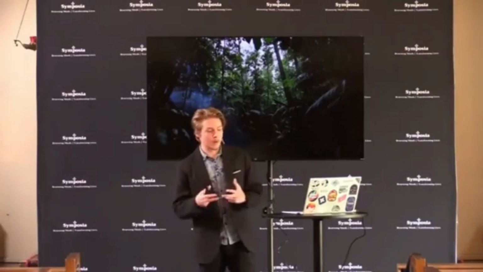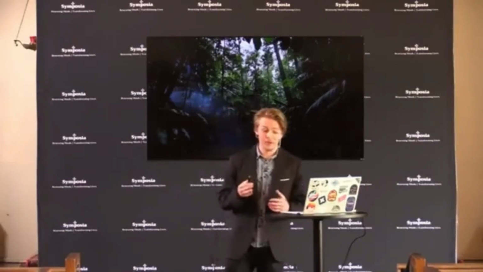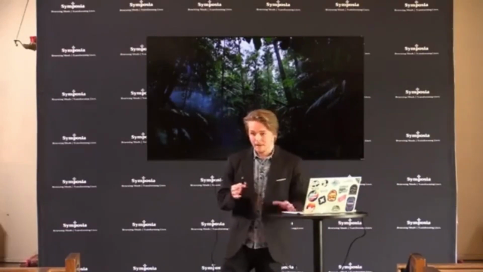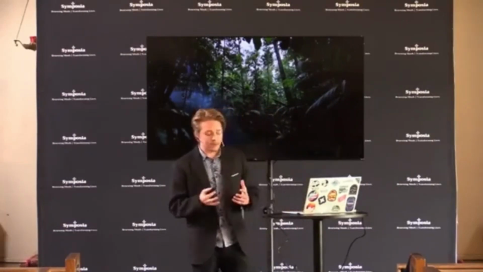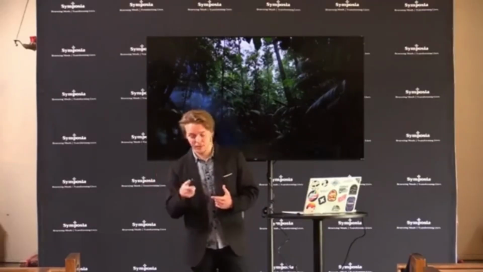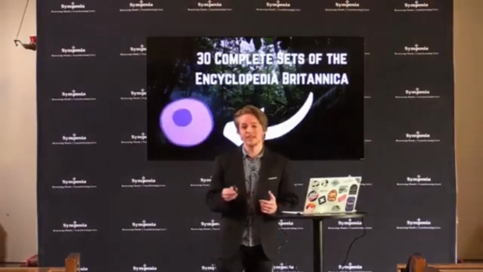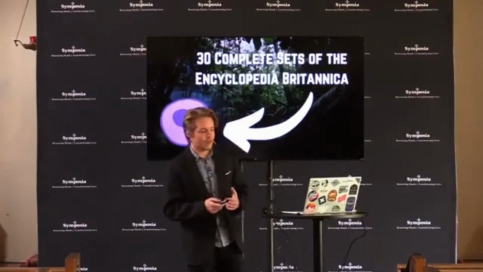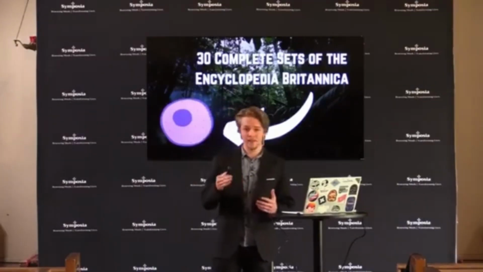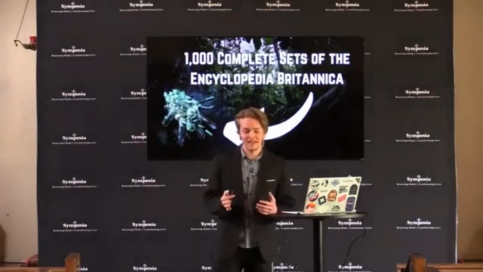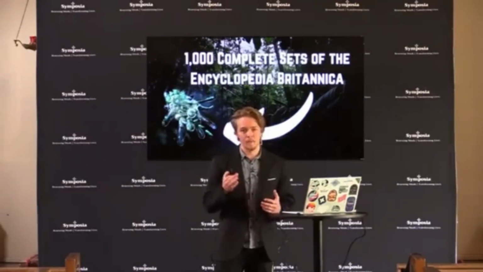But let's wrap up talking about information. According to a Professor of Zoology at Oxford University, an atheist himself, life, even at its simplest, the simplest cell contains the equivalent amount of information, specified complexity, which we talked about earlier, as 30 complete sets of the Encyclopedia Britannica. The simplest cell. How about the simplest organism, the amoeba? He said that the amoeba has the equivalent amount of information, specified complexity, as 1,000 complete sets of the Encyclopedia Britannica.